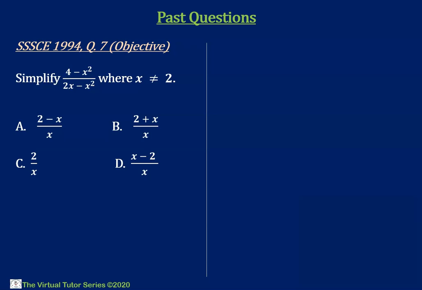Now, here is the solution. We have the expression (4 - x²)/(2x - x²).